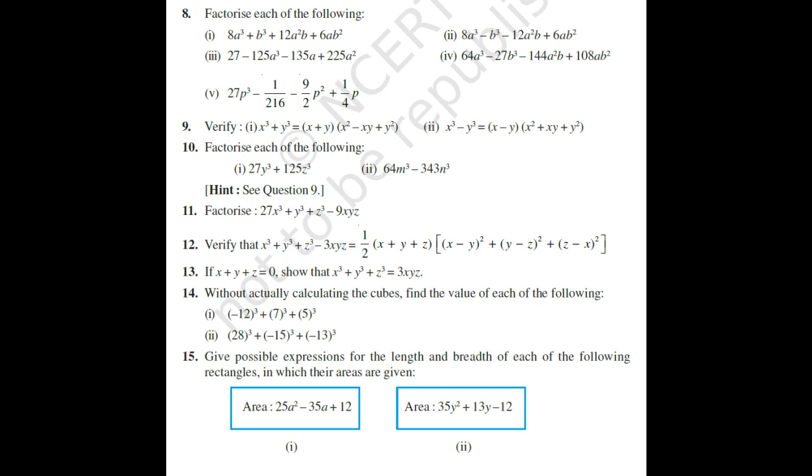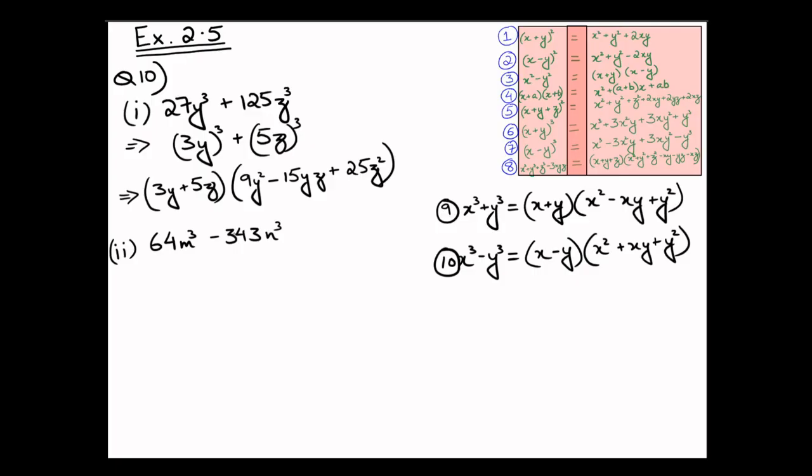The second part is 64m cube minus 343n cube. Write this as 4m whole cube minus 7n whole cube.